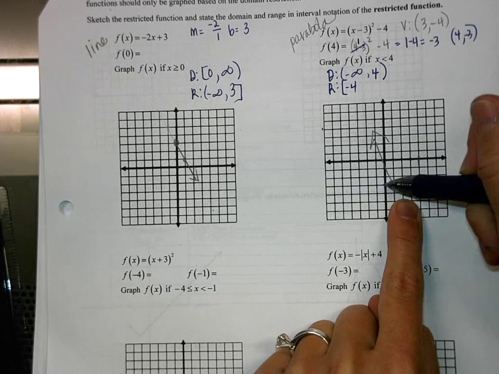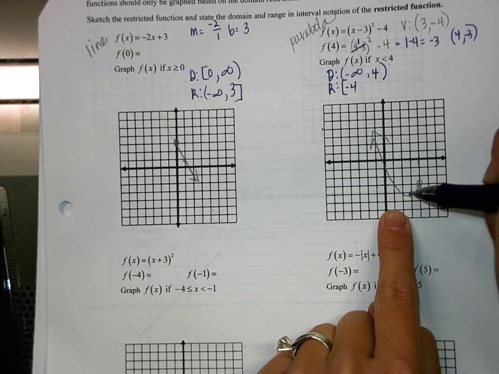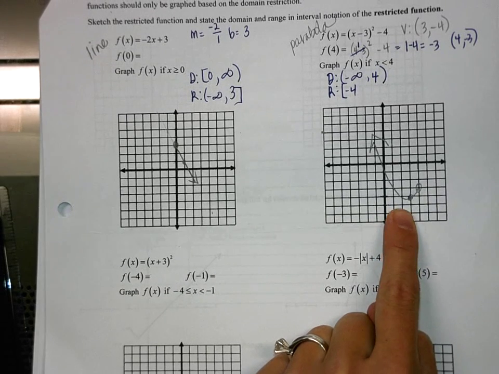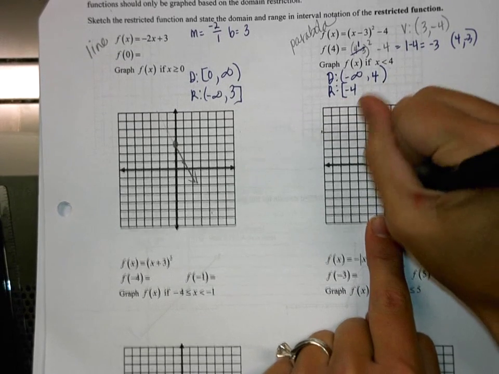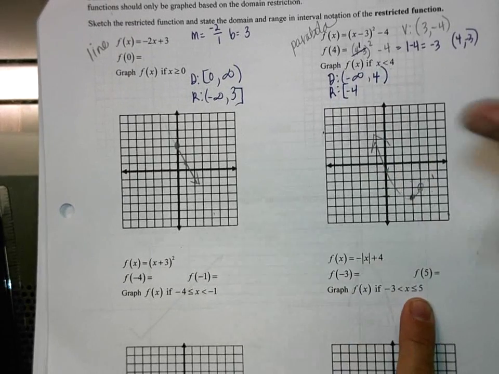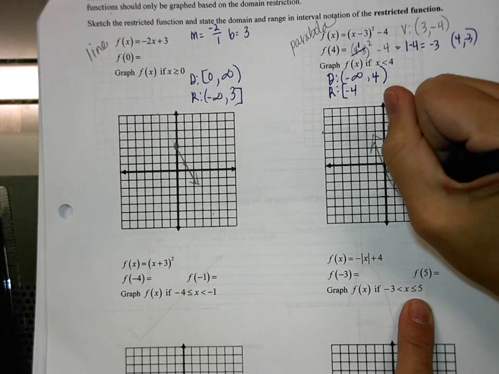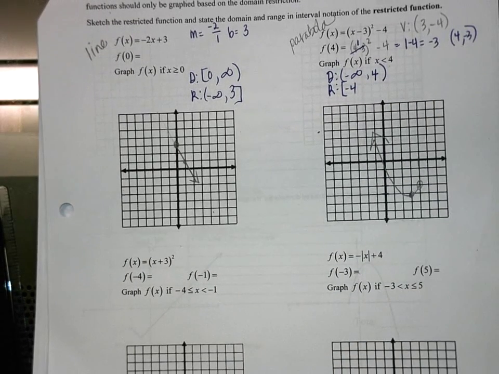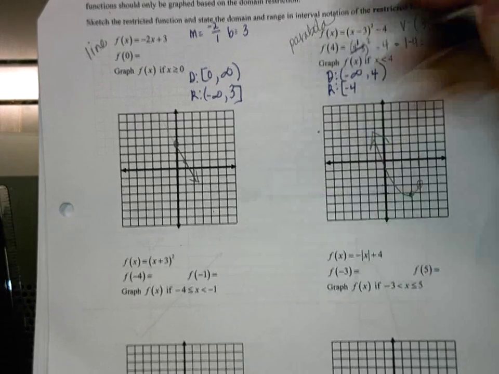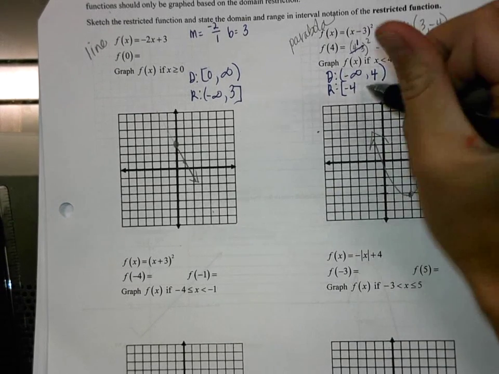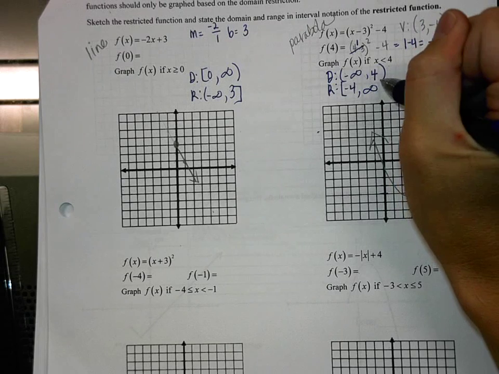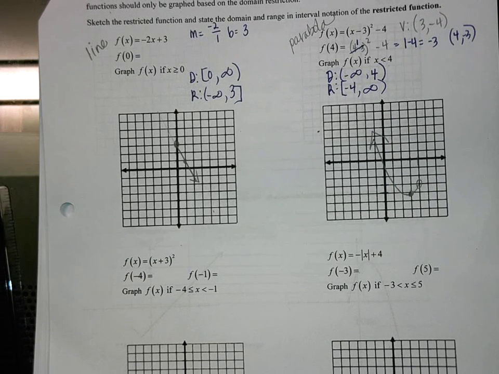This is actually a 3 on the y-axis, but this point right here, even though I didn't draw it great, it's filled in. So this is the only one that's open. And then from here up, so I'll draw it right. Okay, and then it goes all the way to what? Good, and that has the parenthesis. Do you guys want to ask me any questions about that so far?